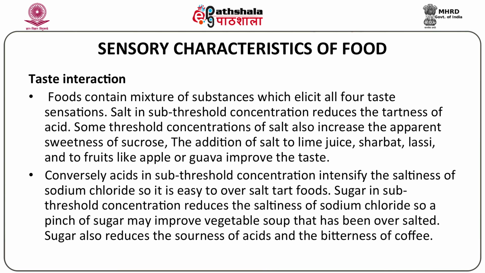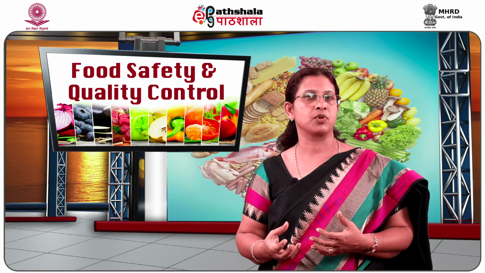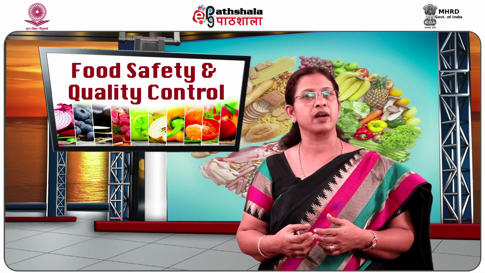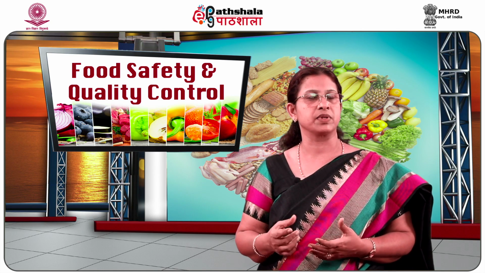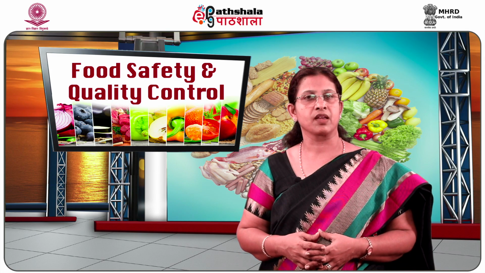Sugar also reduces the sourness of acids and the bitterness of coffee. So this is how you can understand how one prominent taste, which is probably not required, is subdued by another taste. Like here in this case, it is the bitterness of coffee with a pinch of sugar.